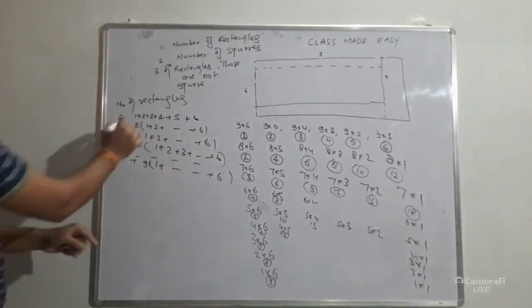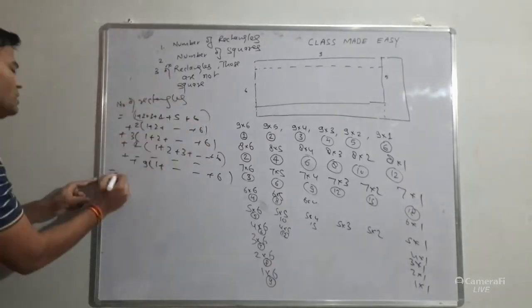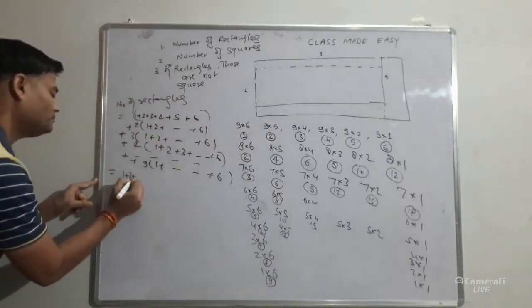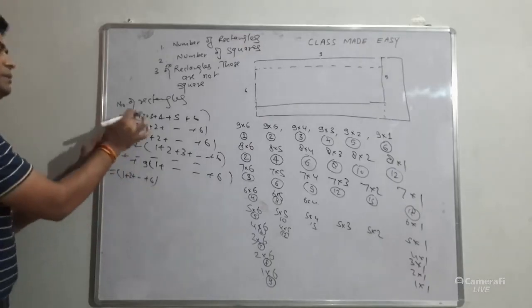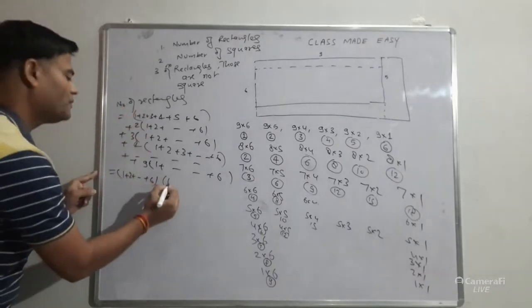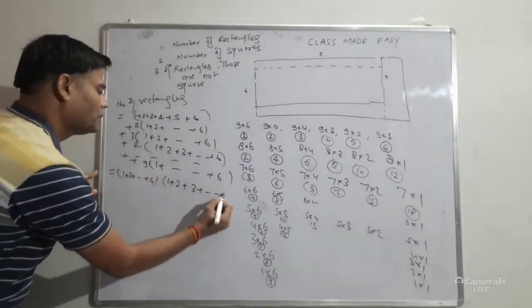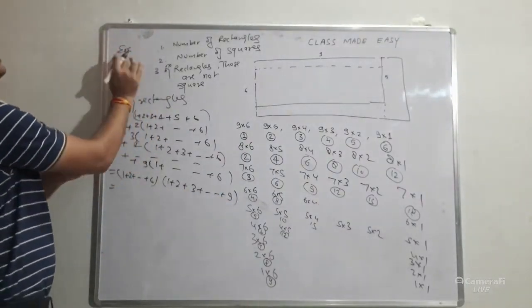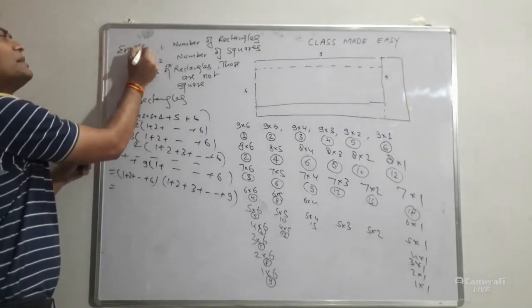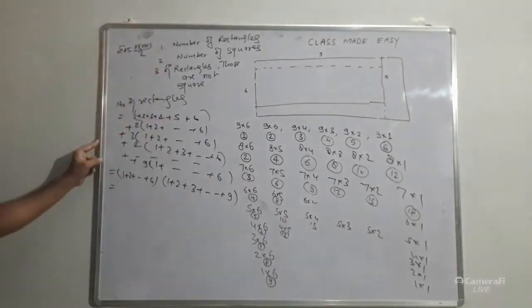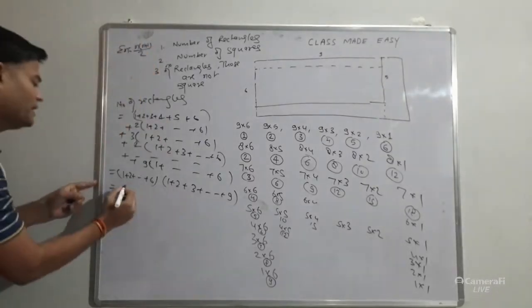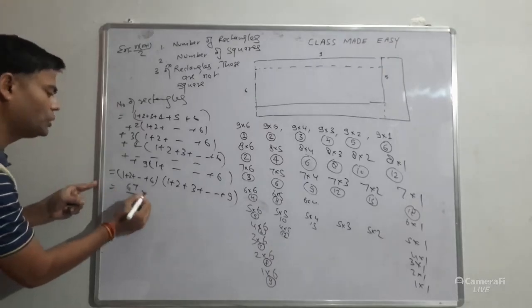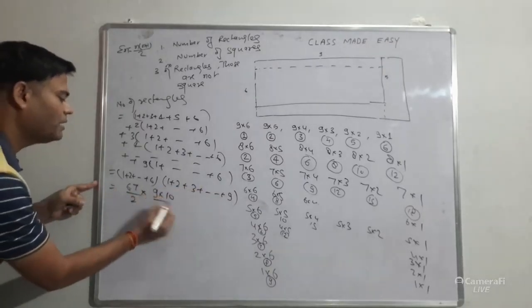So that bracket is the same in all. You can take this common 1 to 6, and this quantity outside the bracket, it is 1 to 9. Okay, so this is sigma n. All of you know sigma n, the sum of n natural numbers starting from 1, is n times n plus 1 by 2. So if you add this, 6 into 7 by 2, and 9 into 10 by 2.